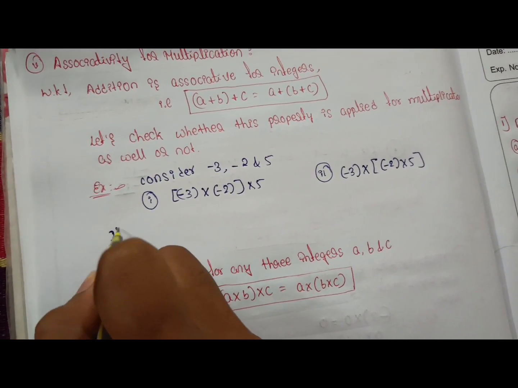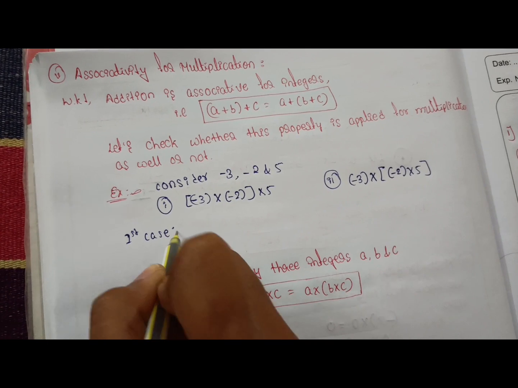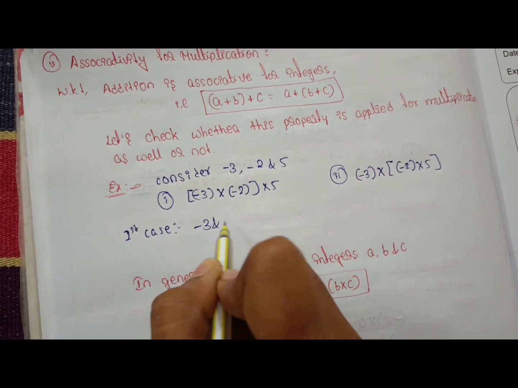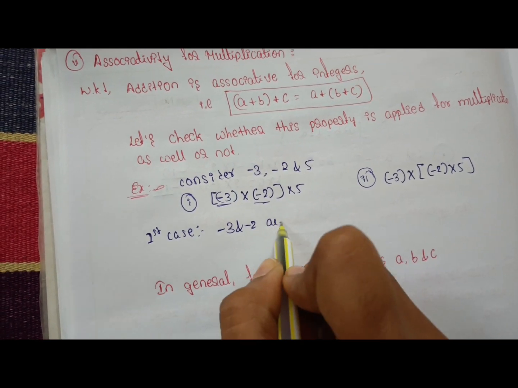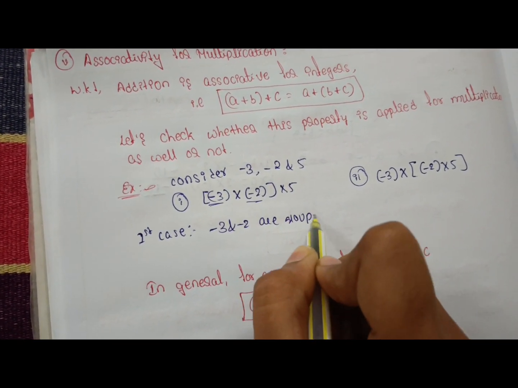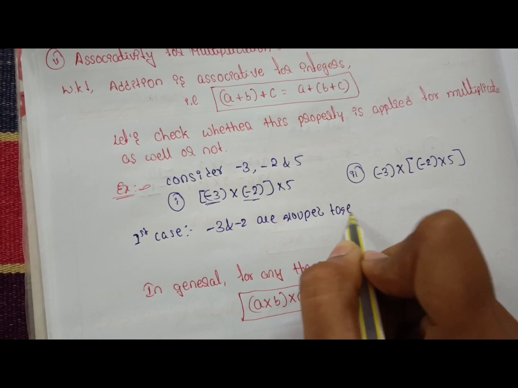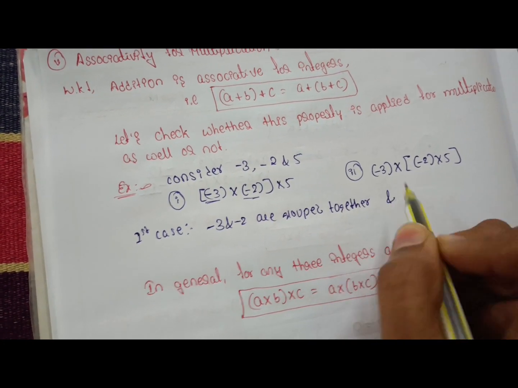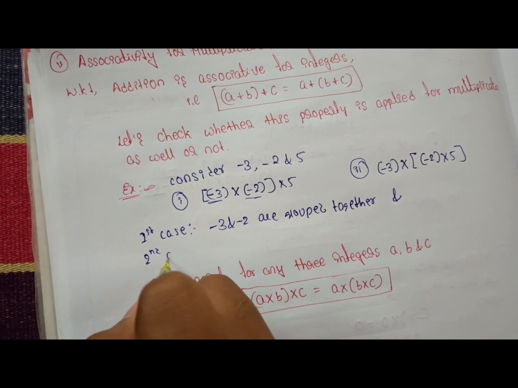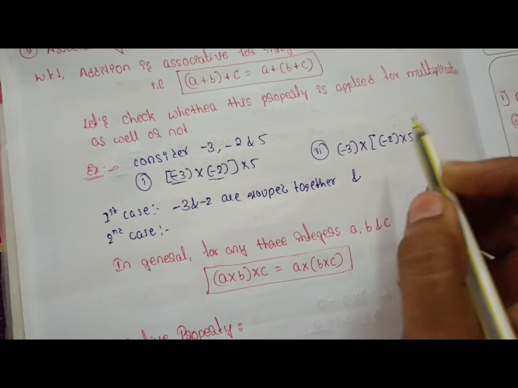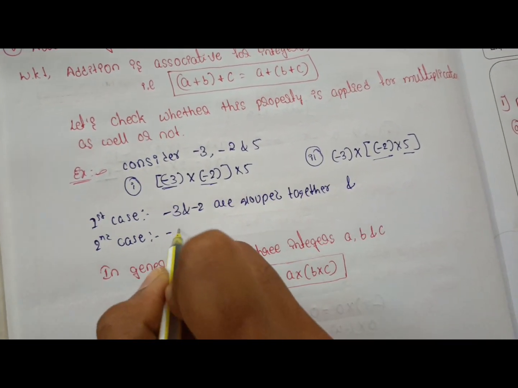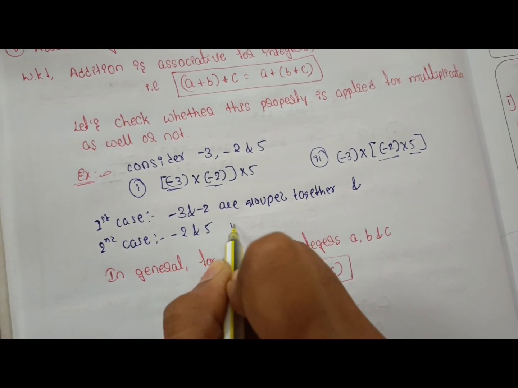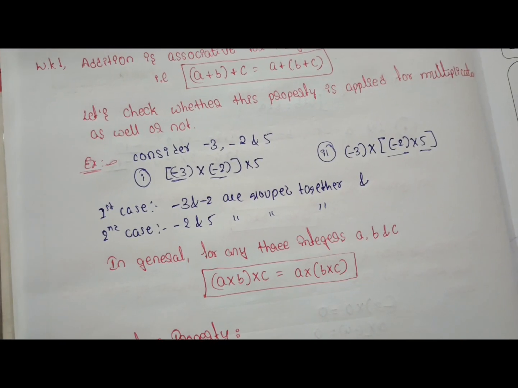In first case, minus 3 and minus 2 are grouped together. And in second case, minus 2 and 5 are grouped together.